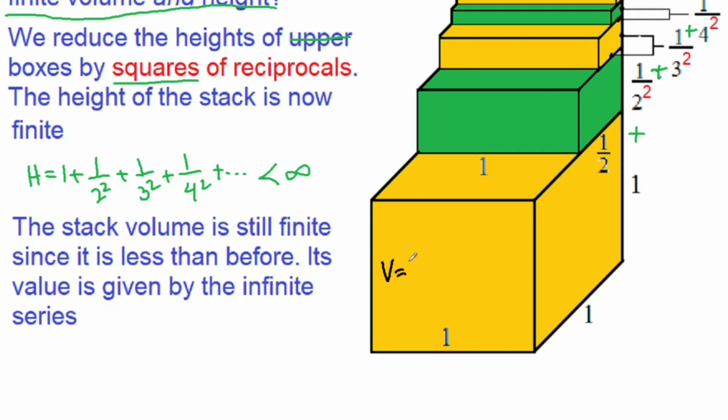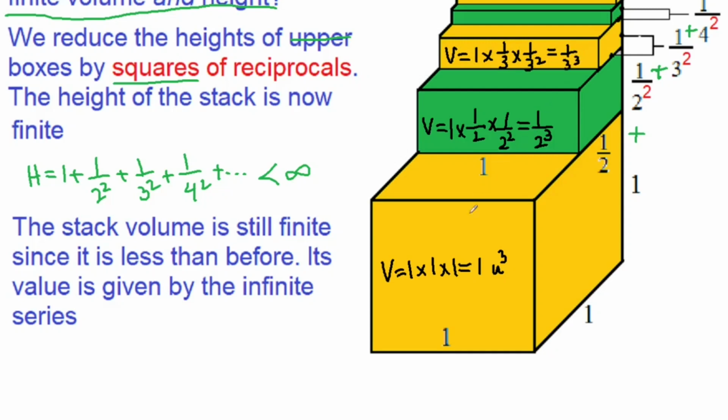The volume of the bottom box is 1 times 1 times 1, which is of course 1 cubic unit. And the box on top of it has volume 1 times 1/2 times 1/2 squared. And this time the volume ends up being 1/2 cubed. The box on top of that has volume 1 times 1/3 times 1/3 squared, and 1/3 cubed is the volume of that box.